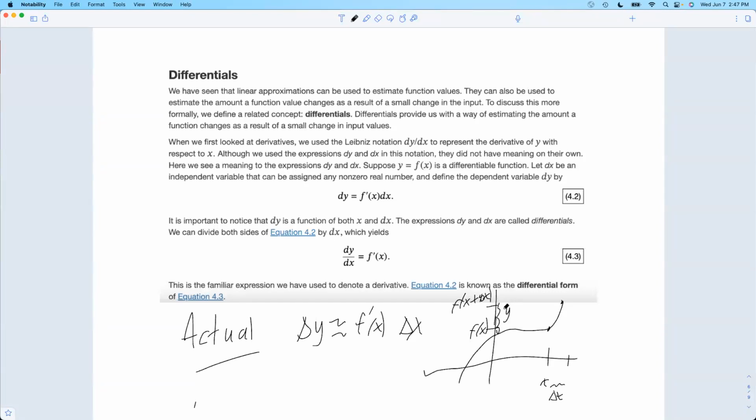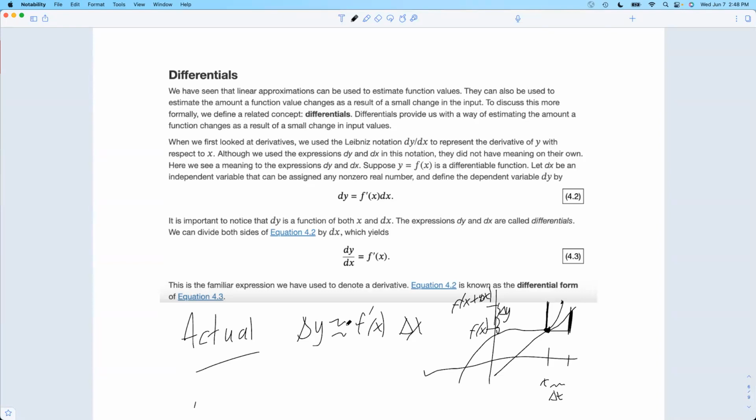This change in y is approximately equal to the slope of this tangent line right here, the derivative times change in x, because that's what slope is. Slope is over by change in x, up by change in y. Rise over run.